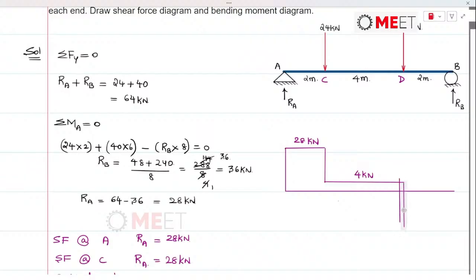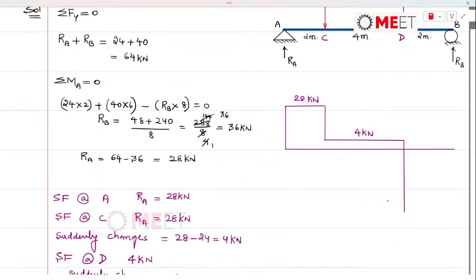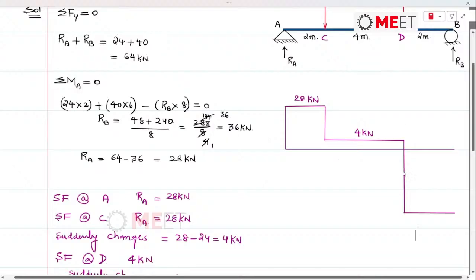a sign transition, and this will be 36. So let me just increase this height as it is going to be taking the maximum value, and it continues to remain constant for this duration, and at point B it becomes 0.